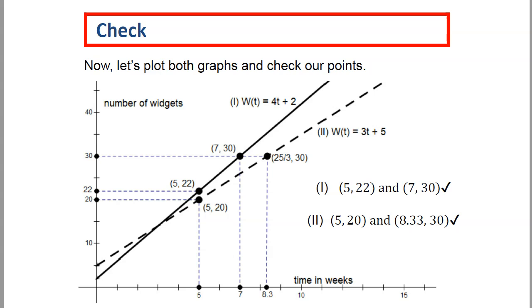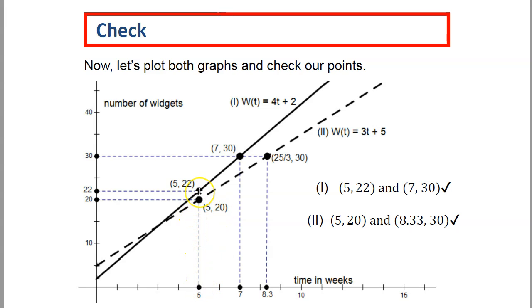Next, we'll plot the two graphs using those two functions and check our points. So you can see that when 5 goes in, then for the 3T plus 5, the second equation, that's this dashed line here, we have the point (5, 20).